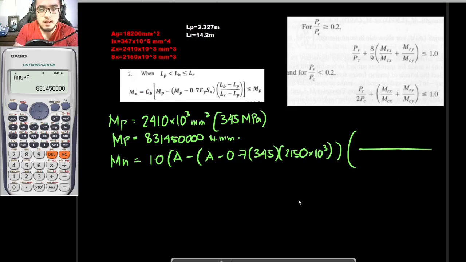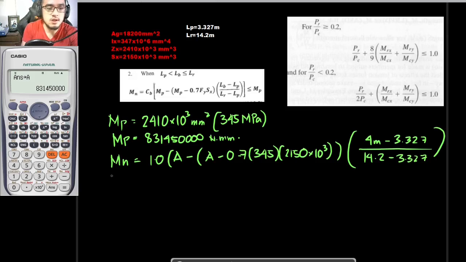So, ayan. Our Lb is equal to 4 meters. So, 4 meters minus Lp, which is 3.327, divided by 14.2 minus 3.327. So, direct substitution.